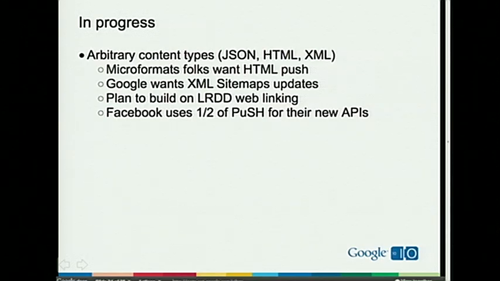So our plan is to build on some of the LRDD, or however you want to say it, web linking stuff. If you just search for LRDD, there's a nice document. It basically says how to use a link header in an HTTP response to indicate where the hub is. So that means that if you're serving, say, a JPEG image, maybe it's your avatar, and you want people to be able to subscribe to updates to your avatar, how would they do that?